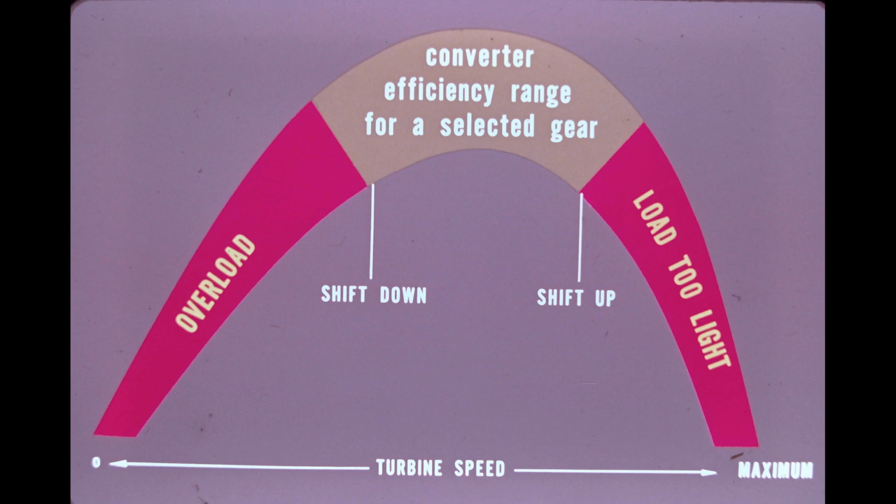When the transmission is placed in gear and a load applied to the tractor, the torque converter automatically varies its output torque within its designed operating range to meet load demands for the selected gear. This means that the transmission needs to be shifted to another range only when the load causes the converter to operate out of its efficiency range. This all amounts to machine efficiency and less operator fatigue.